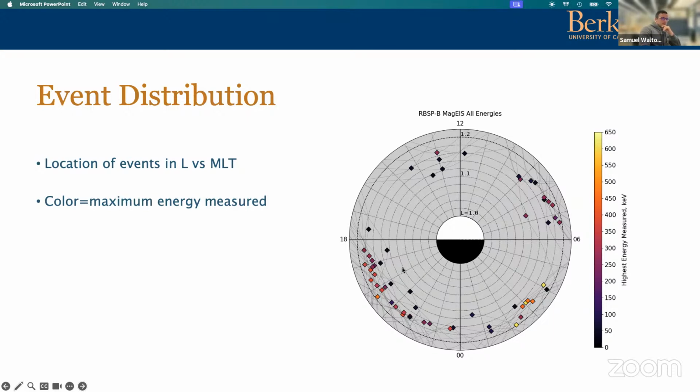And just so you know, during this period the actual distribution of passes is pretty uniform, so it's not an artifact of the data. You've got most events between 18 and 24, and then clusters of events in the morning sector as well, and just after noon.